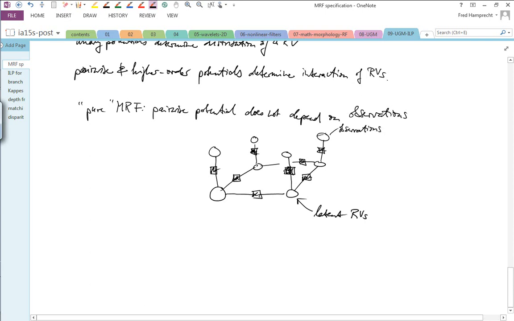And in this graphical model language, the observations are often shaded, meaning, let's say if this is a denoising problem, then these shaded nodes would represent the intensity that I have actually observed, and the unshaded nodes would be the presumed true intensity that I want to estimate.